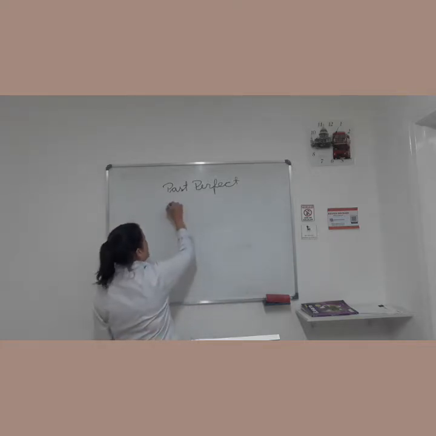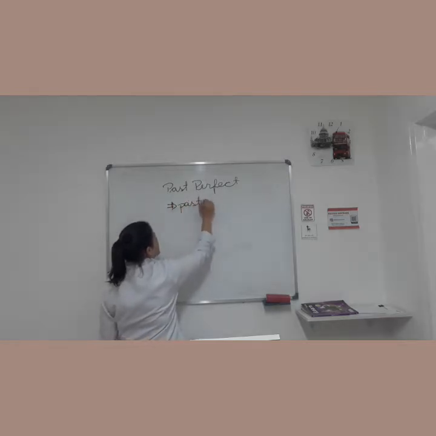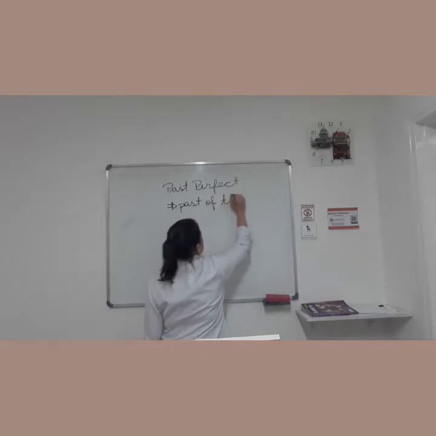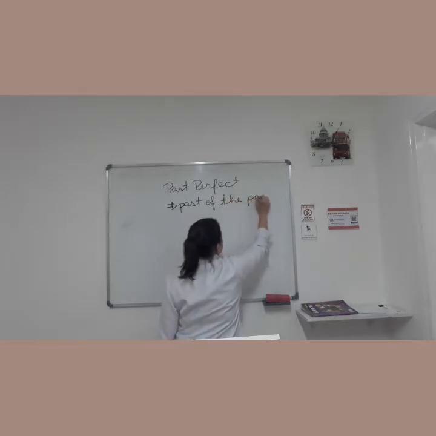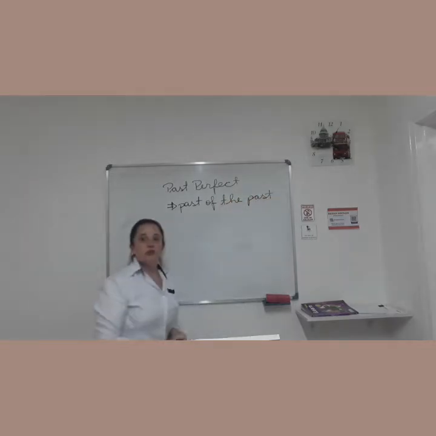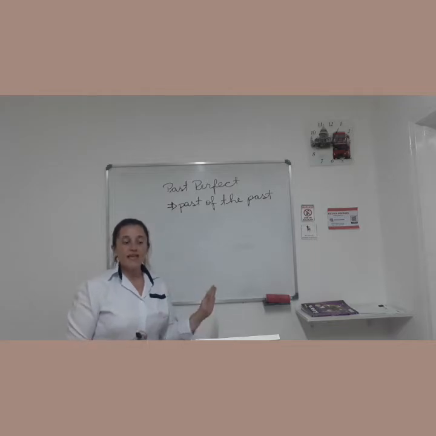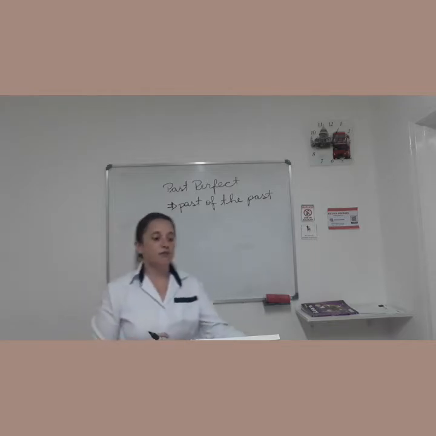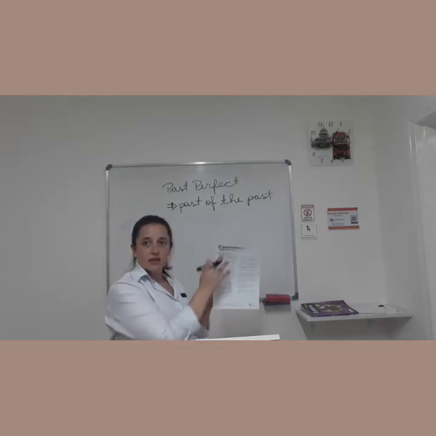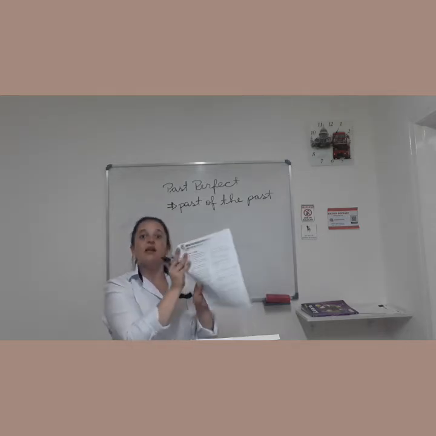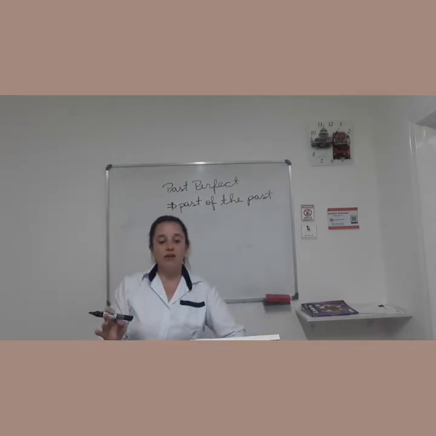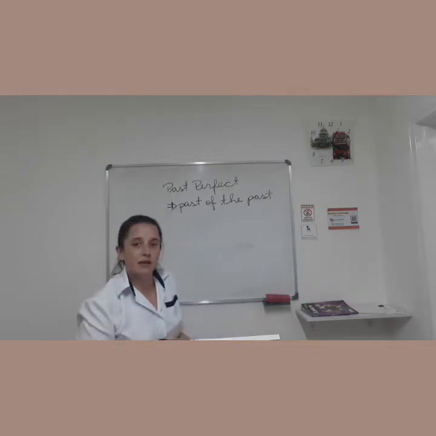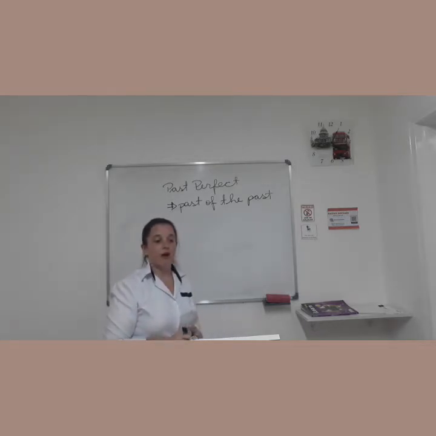We could simply say that it is the past of the past. So, with this in mind, I want you to do this worksheet that is among the other things that we have prepared for you.